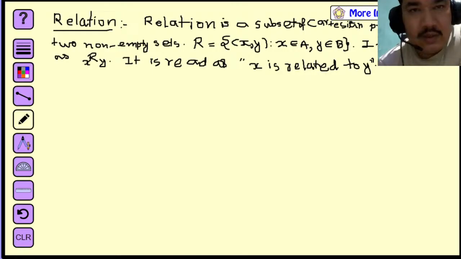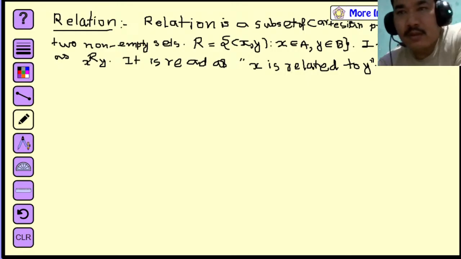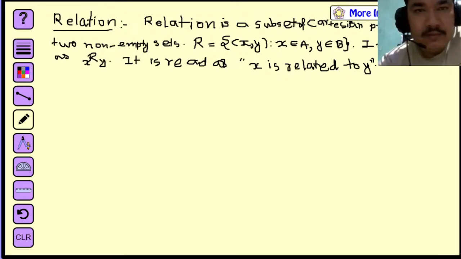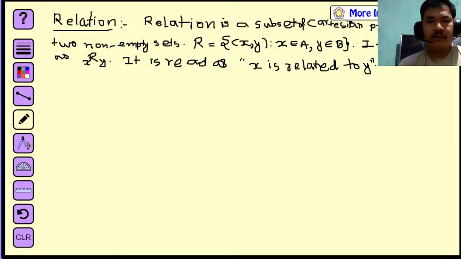Okay, children, look here. Some parts of this definition are hidden. That's why I'm bringing this photo down. Now it is clear.